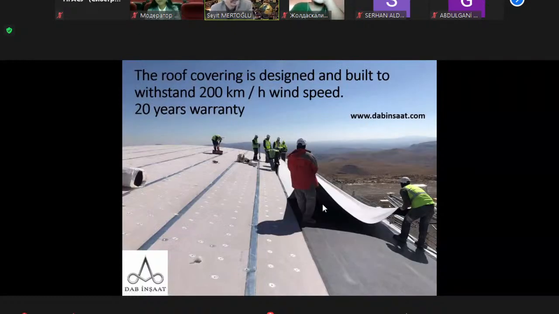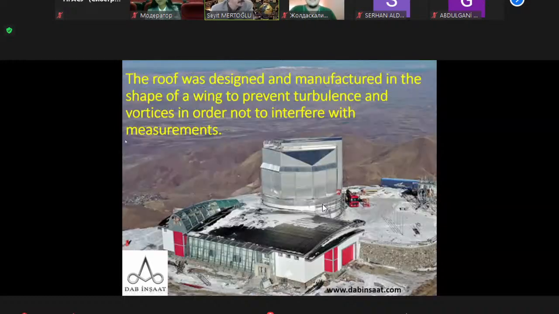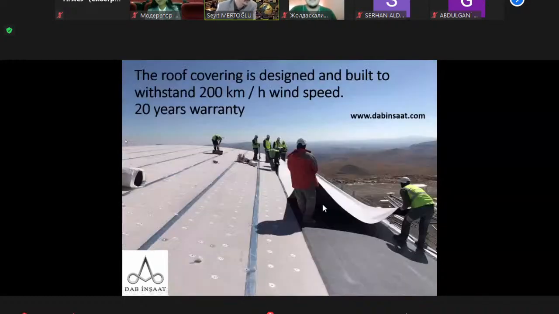The roof covering is designed and built to withstand 2,000 kilometers wind speed, with a 20 years warranty.